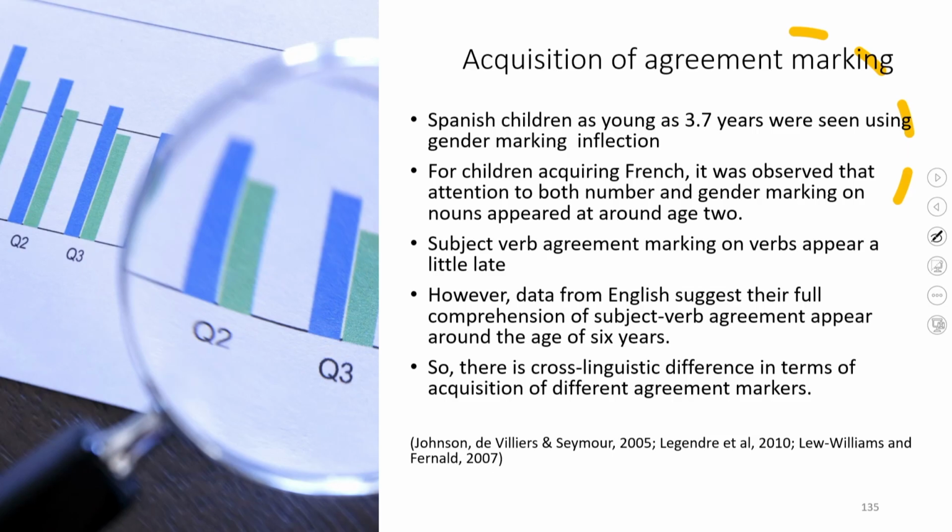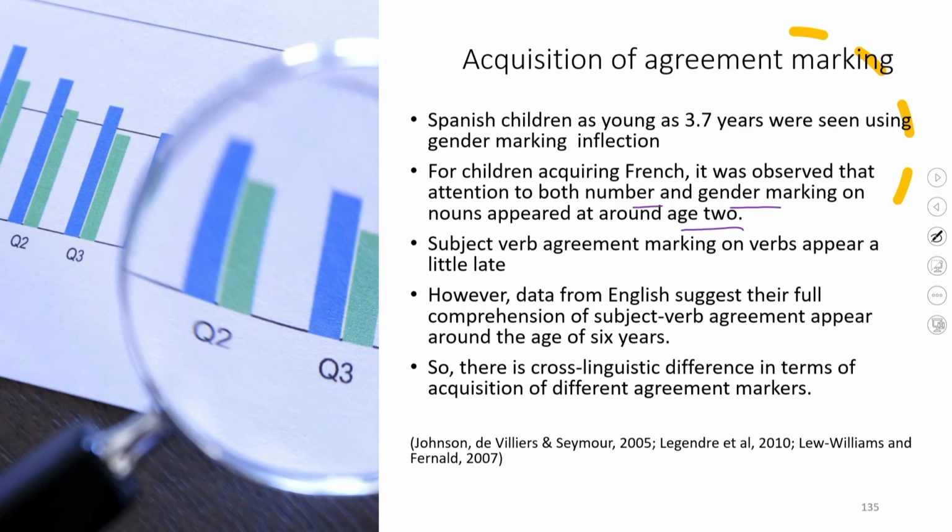Among children acquiring French, it was observed that attention to both number and gender marking on nouns appears around age 2. So, from a cross linguistic perspective, there is hardly any fixed age bracket where a particular kind of inflection will appear. Of course, this depends on a number of factors, which we have discussed in another module, for example, how unambiguous the language is.